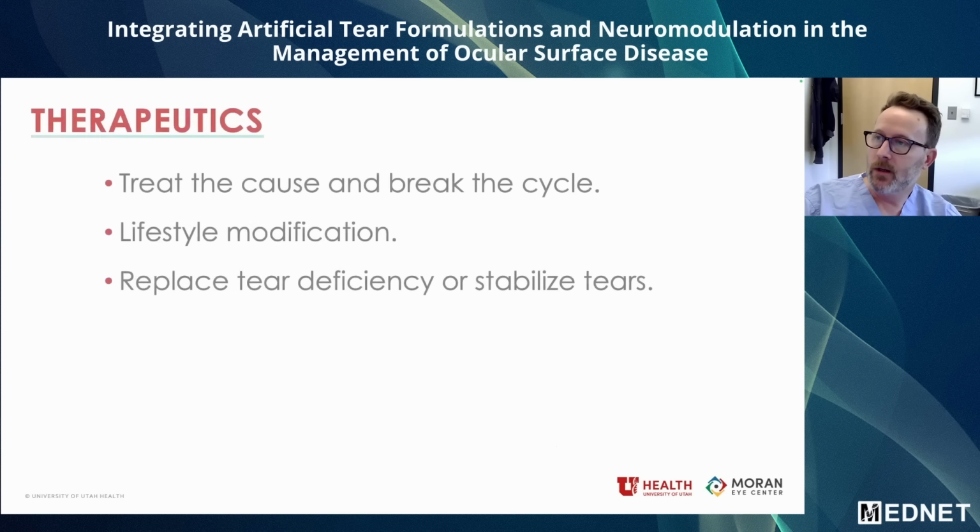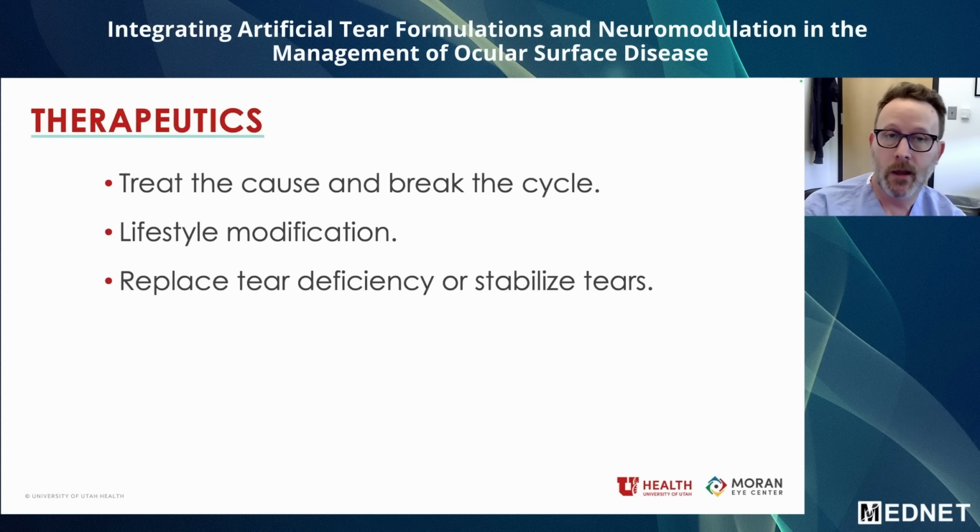So if you encounter a patient who's complaining of dry eye disease and they have glaucoma and they have a significant drop burden, that is probably the inciting factor and often won't get better unless you modify that drop burden. So you might want to talk to their glaucoma specialist about doing that.